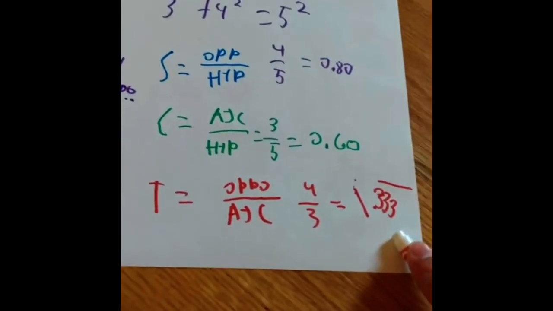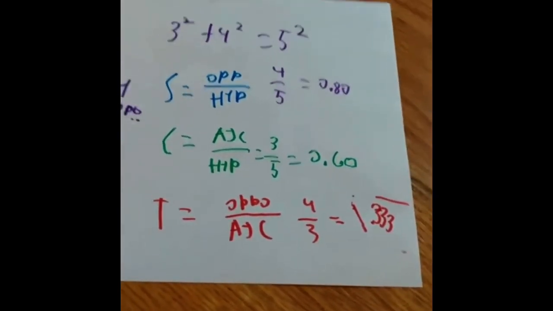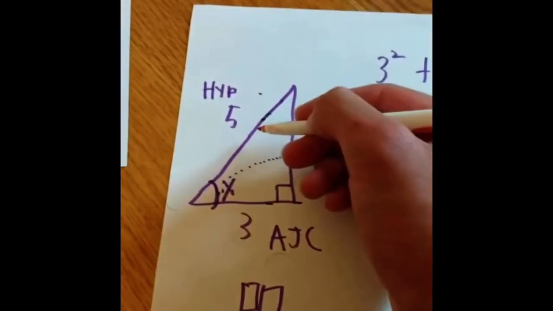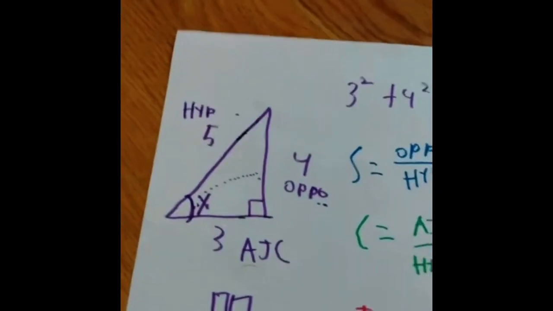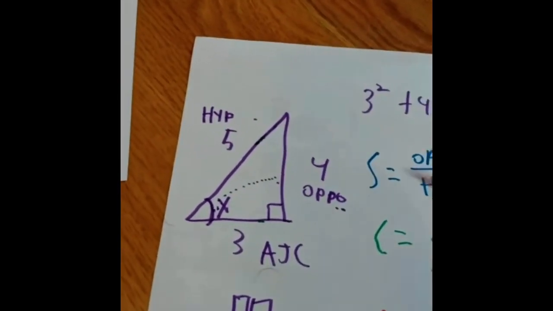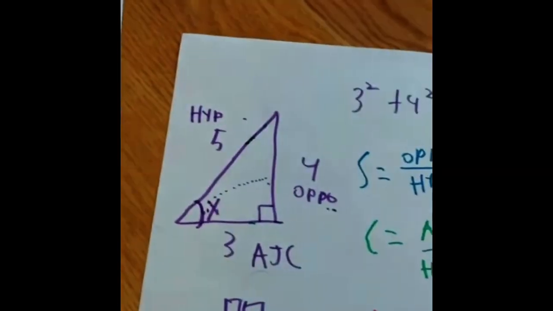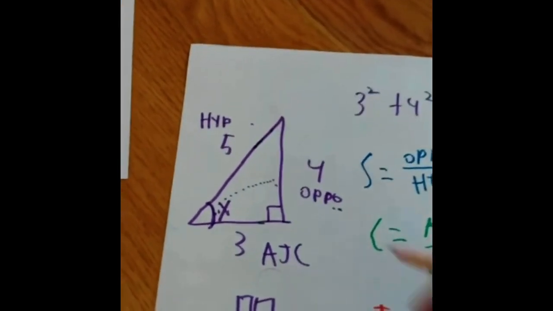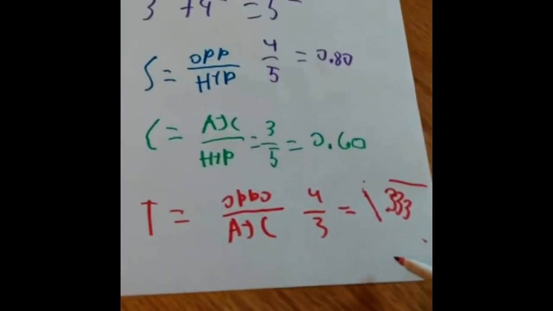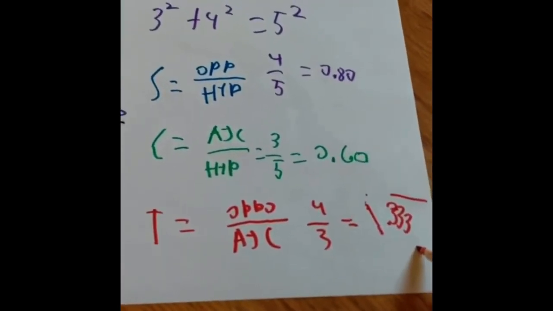And with tangent, we usually use that in real life to solve the hypotenuse. What we have to do is find the slope of the hypotenuse. So if you put this right triangle on a graph and you're trying to find the slope of the hypotenuse, using the tangent is the perfect way of doing it.